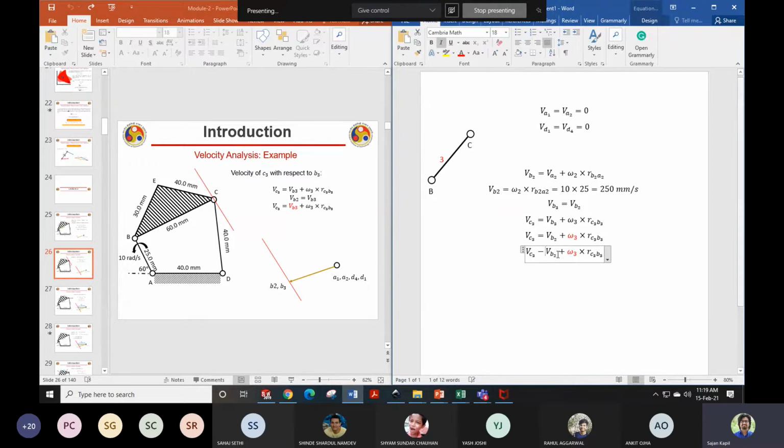The velocity of C3 with respect to B3 or B2, whatever, will be equal to this. And I know the position of this. It is omega 3 cross R C3 B3. Omega 3 is going to be either inward or outward. Correct? And the position of C with respect to B is also known to us.